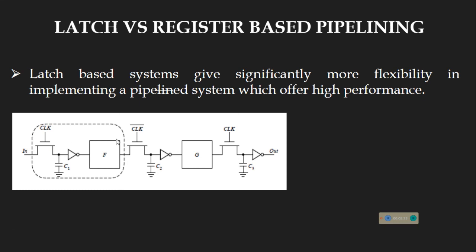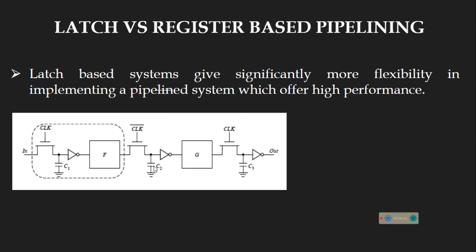Whenever the clock is 1 and clock bar is 0, the data will be available at capacitor C1, and it is utilized to compute this logical function F. Whenever the clock moves from 1 to 0, that is, clock bar moves from 0 to 1, the data computed at F will be transferred to C2.